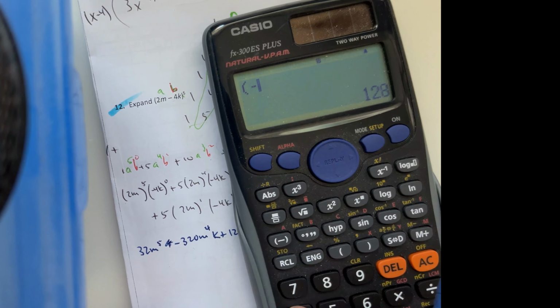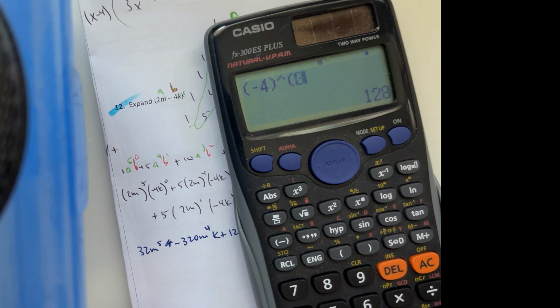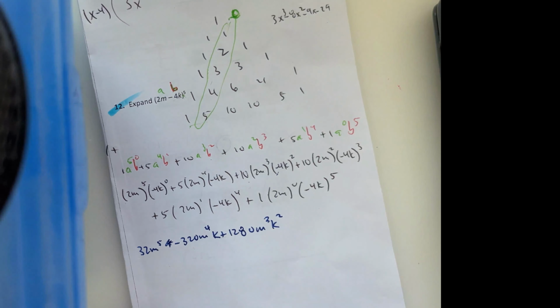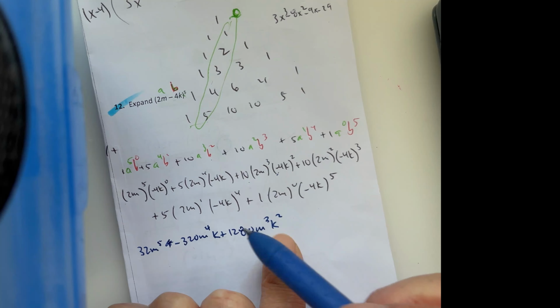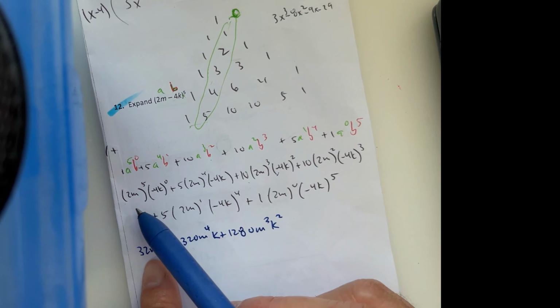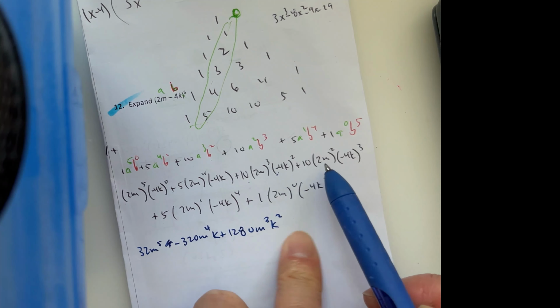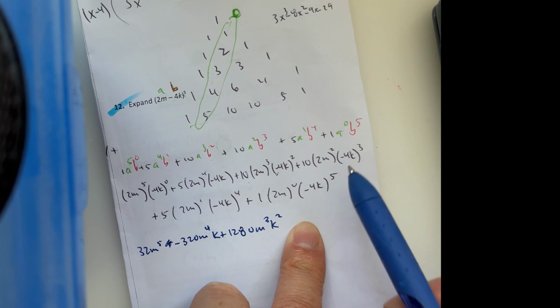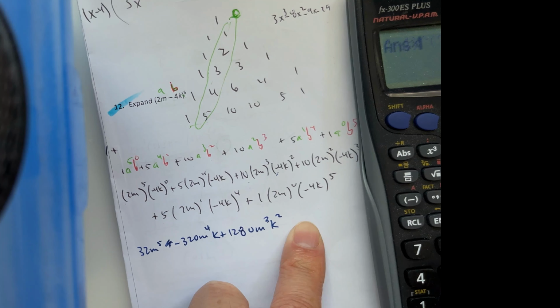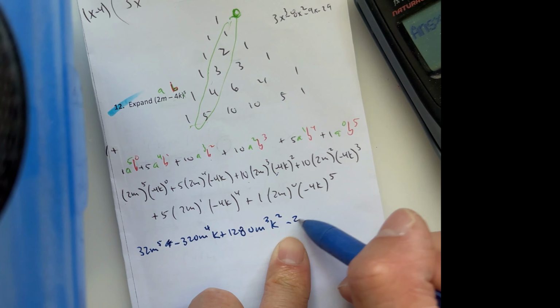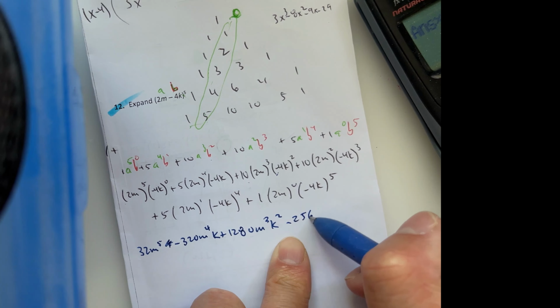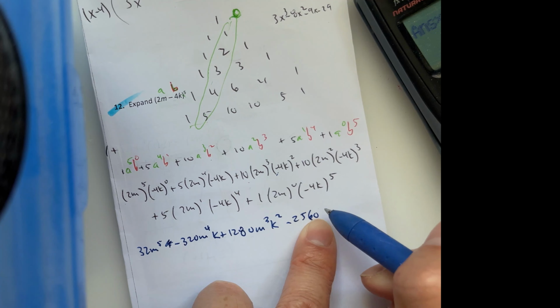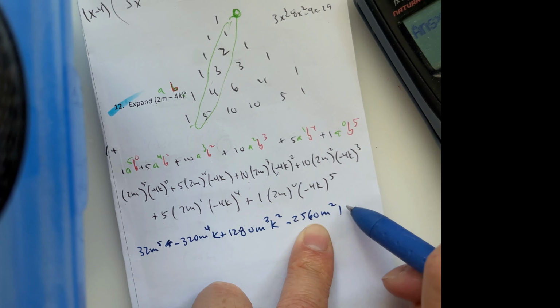Parentheses, negative 4 to the 3rd power, negative 64. Double check where we are. 1, 2, 3. Okay, right here. So that's negative 64 times 4, 2 squared, times 10, negative 2560, m squared, k to the 3rd.